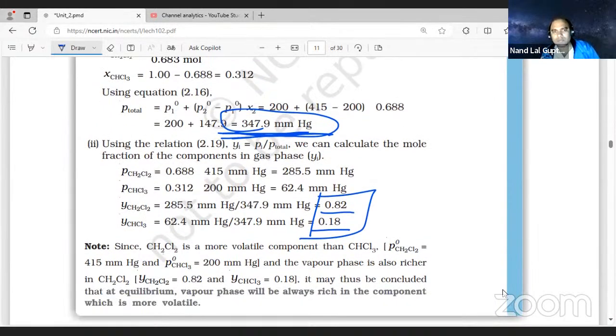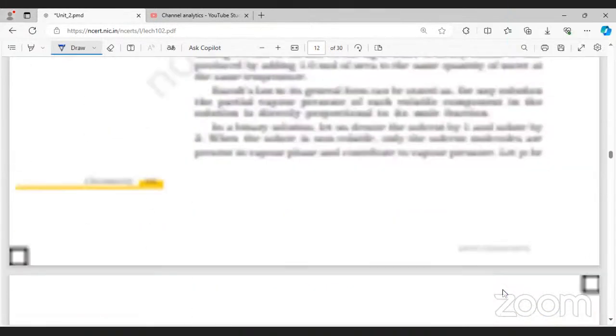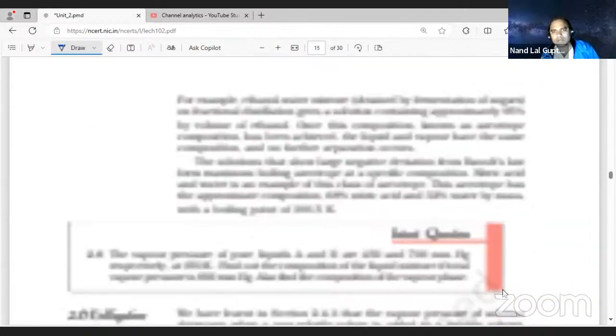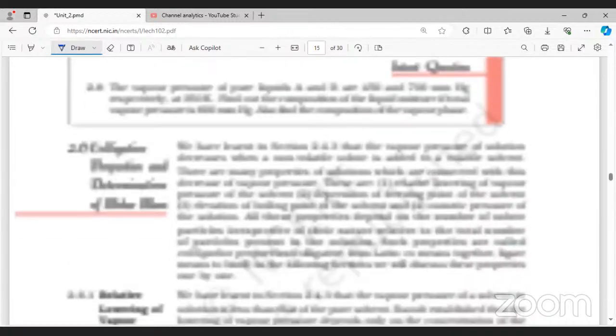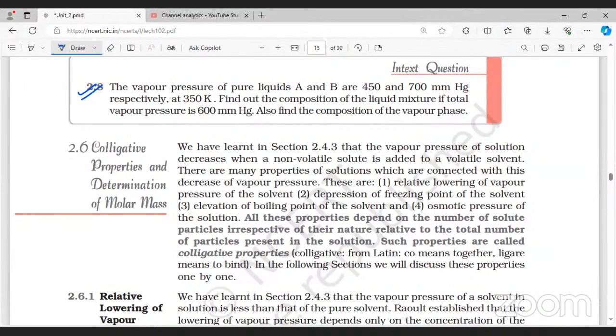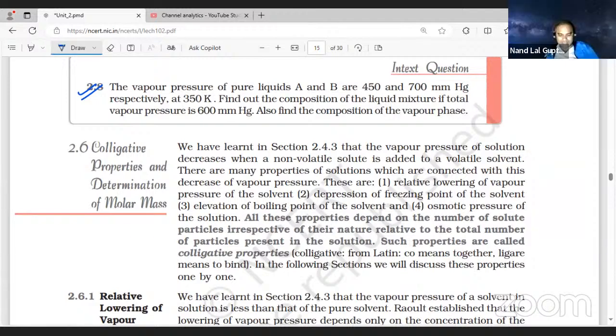Okay. Can I give the question? Will you try? Do you have time or do you want to take rest? No, sir. Okay, this problem you do, then you can take rest. What I'm doing, I am giving you a fresh one because here there is no place to write now. I have taken many questions on the basis of Raoult's law.